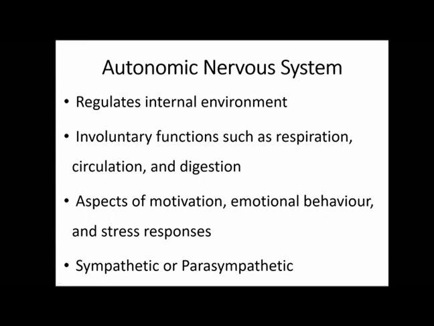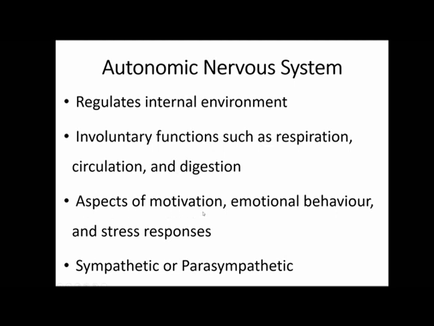So this is running all of the stuff that's happening internally that we're not necessarily aware of. So these are our involuntary or automatic functions like breathing, our circulation of blood, digesting food, anything that's happening in the background within our bodies is usually regulated by our autonomic nervous system.